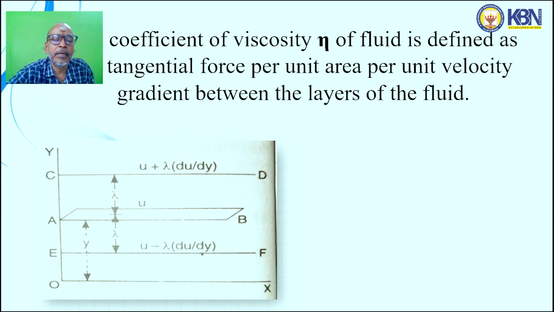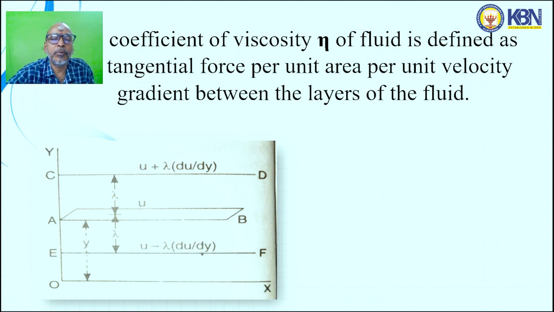So from these three layers we observe that as the height increases from the x axis, the velocity increases. So different layers have different velocities, and so the momentum is also different.